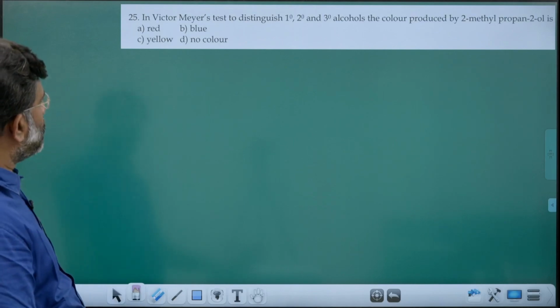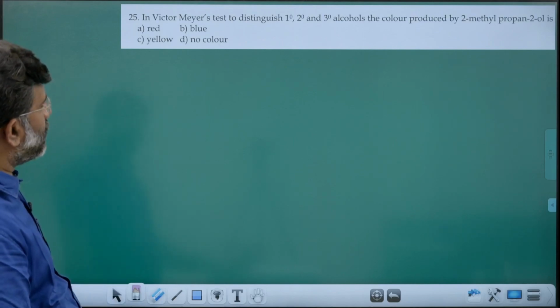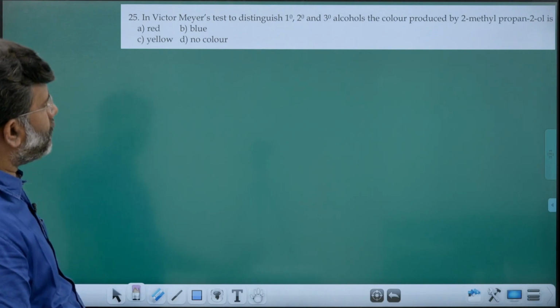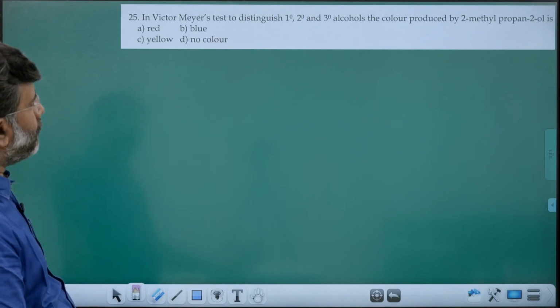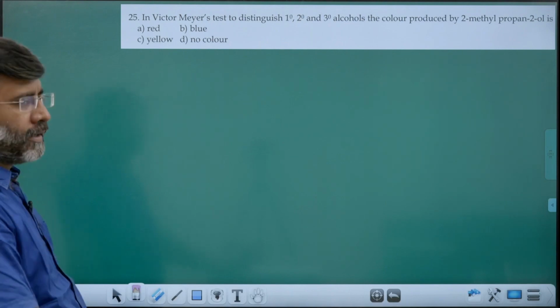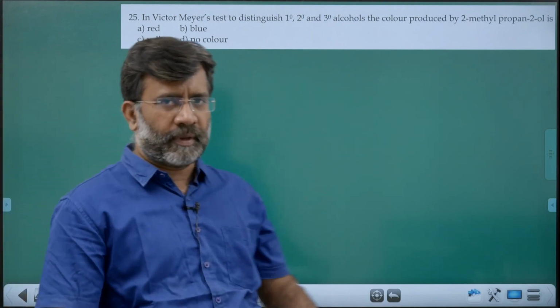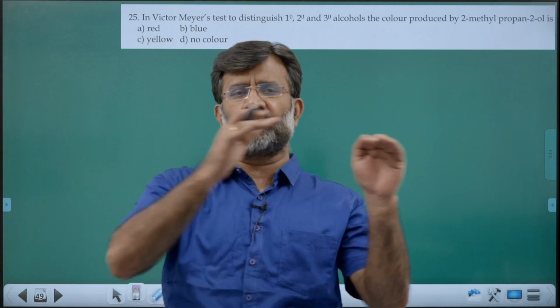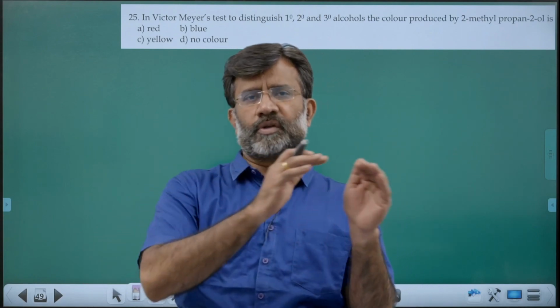In Victor Meyer's test to distinguish primary, secondary, tertiary alcohol, the color produced by 2-methyl propan-2-ol, which is a tertiary alcohol. In Victor Meyer's test, there is a sequence of reactions.